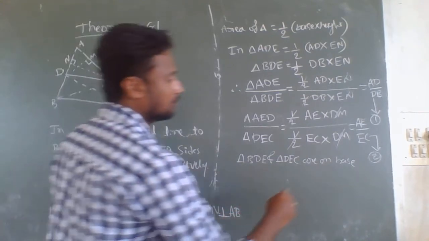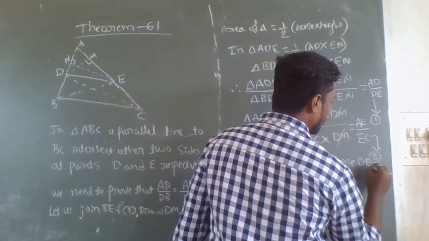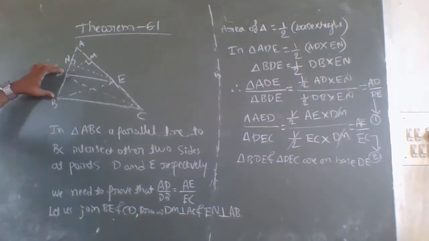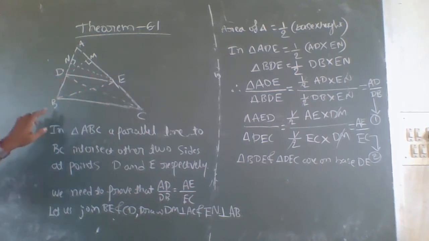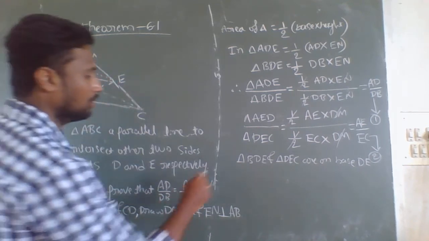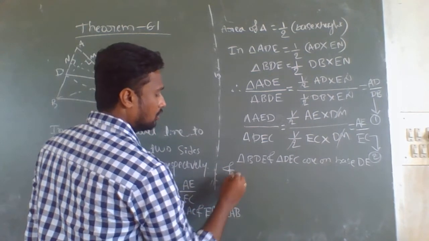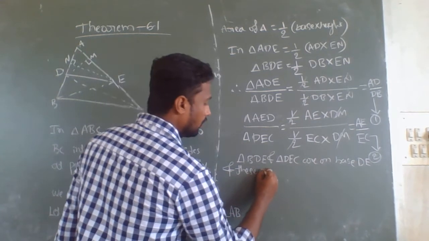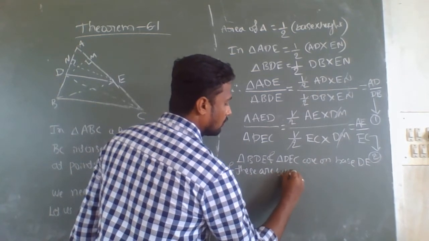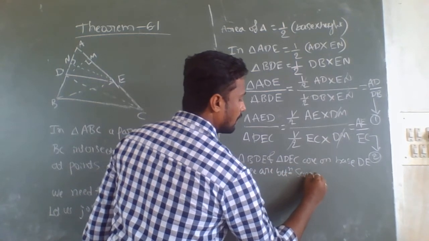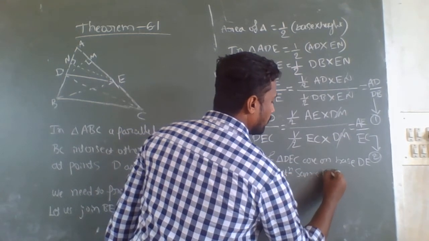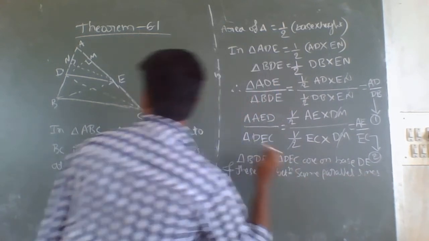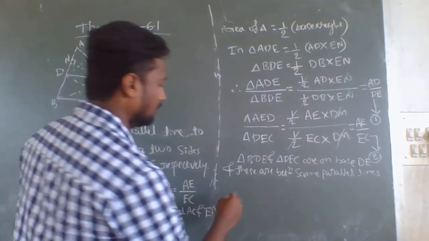Here DE is the base, and these two triangles are between the same parallel lines. What are the parallel lines? DE and BC.